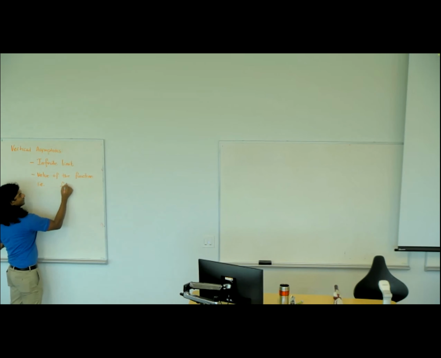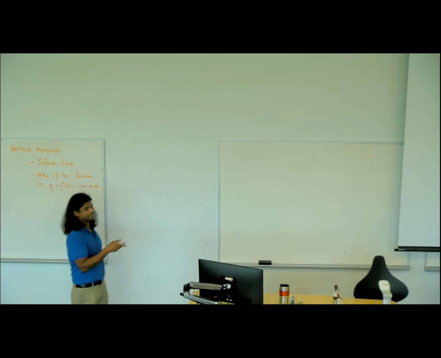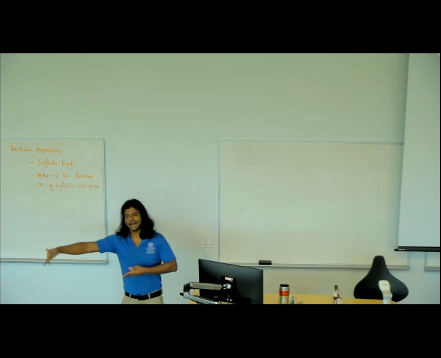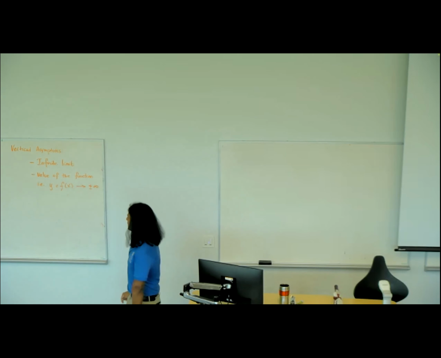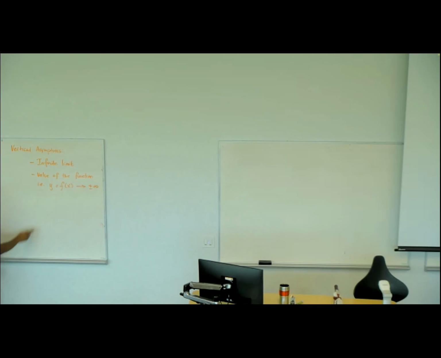Right? y, f of x, it would either approach positive infinity or minus infinity. So an infinite limit is not the same as a limit at infinity. Limit at infinity looks at the horizontal asymptote and corresponds to x, and infinite limits on the other hand are at some value.